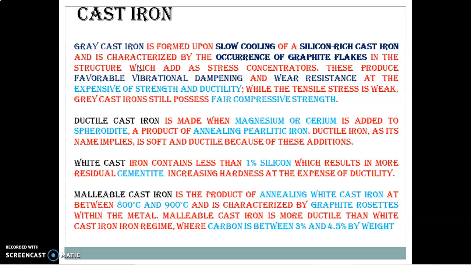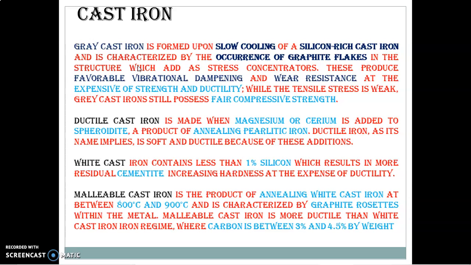However, the annealing process is carried out between 800 degrees centigrade and 900 degrees centigrade. So 800 to 900 degrees centigrade is the temperature required for the annealing process, and it is characterized by graphite rosettes.